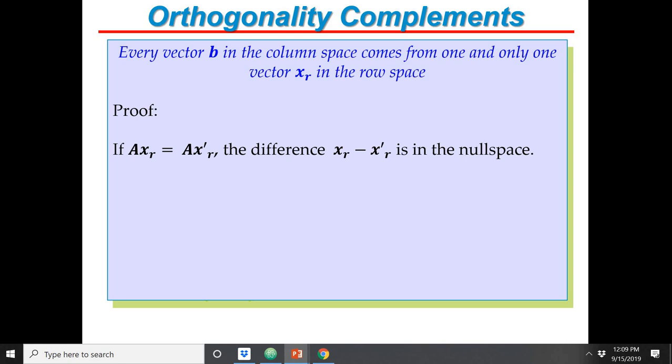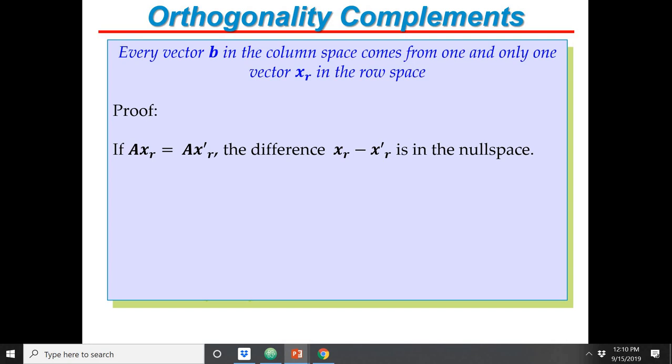The proof is actually simple but still sophisticated, because if you assume that this b comes through two different vectors xr and xr prime in the row space, then because b is equal to Axr and b is equal to Axr prime, we get this equation, and so the difference xr minus xr prime is going to be in the null space of A. But what is xr? xr is a vector in the row space of A. And xr prime is also a vector in the row space of A. So the difference has also to be in the row space of A. So wait a second here.